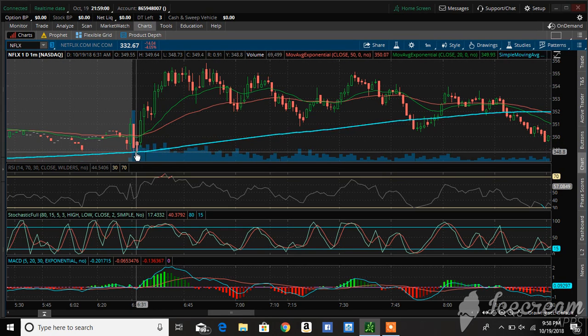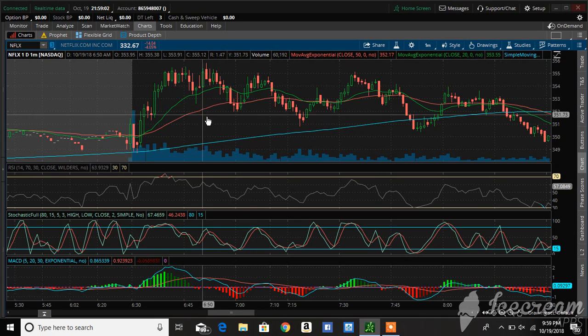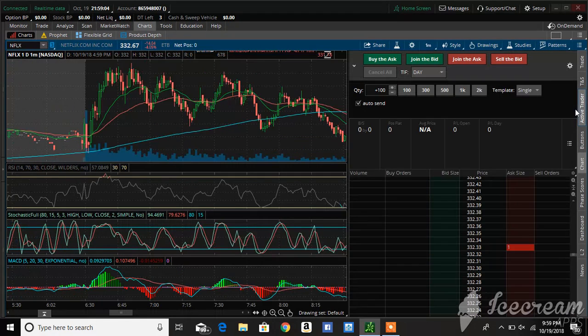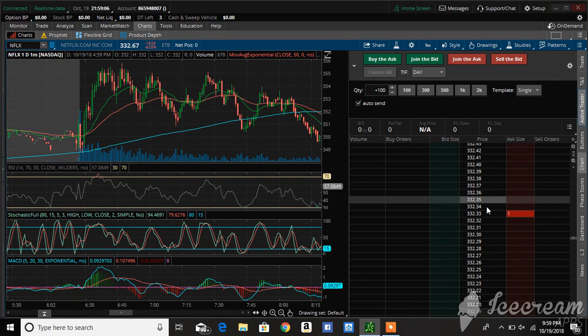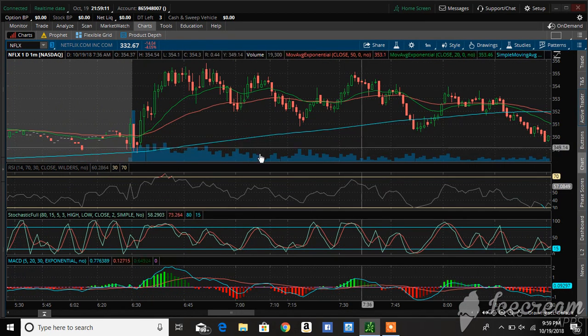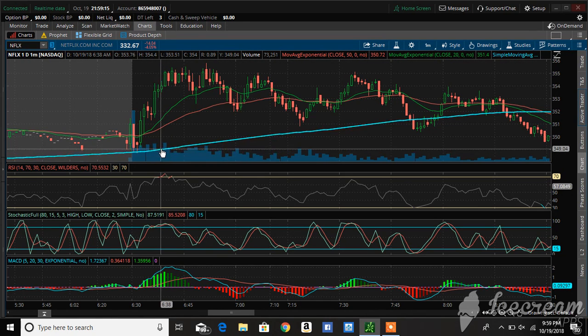And right here, what that's telling me is there's a ladder, and that ladder is in the active trader here. There's a bunch of prices. It's empty right now because there's no trading going on. But that means there's a bunch of limit orders right here, meaning big guys that are buying right here.